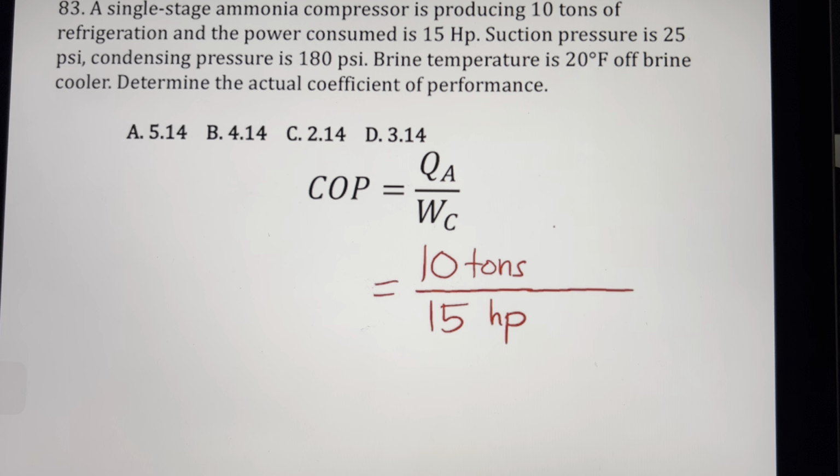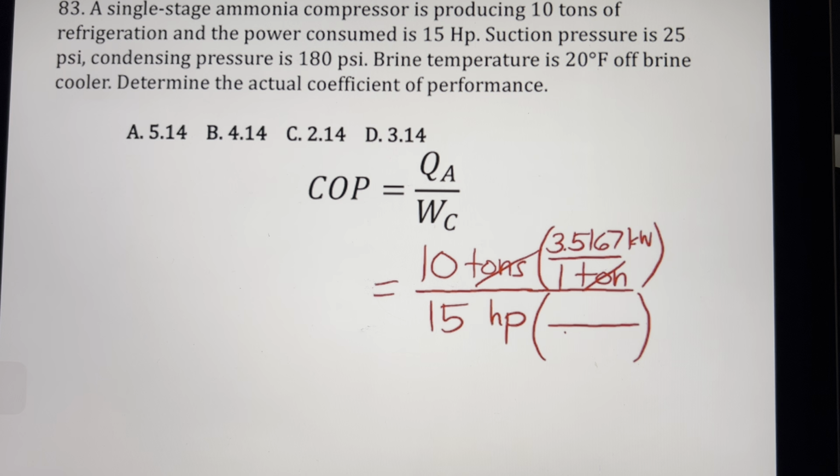Okay, for the tons, we could use 1 ton is 3.5167 kilowatts. So using kilowatts also, 1 horsepower is 0.746 kilowatts. And then cancel. So the units are all cancelled.